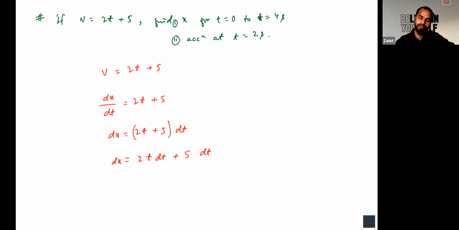So we can simply integrate this function. And what is the limit to integrate? From 0 to 4 seconds. So put time 0 to 4 and 0 to 4. I think we have discussed integration in our earlier classes.